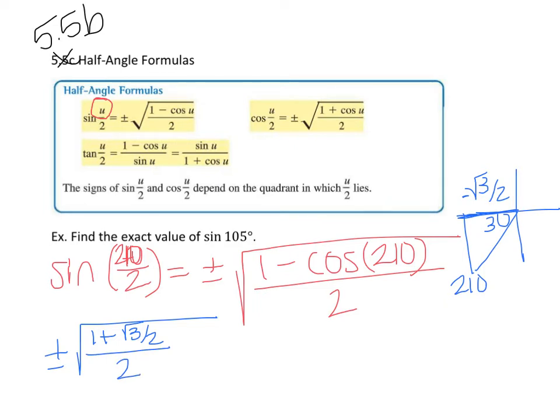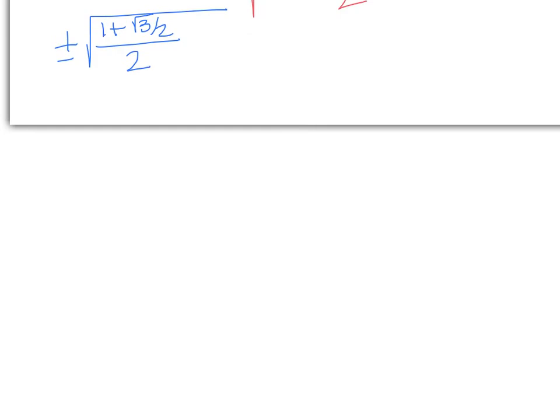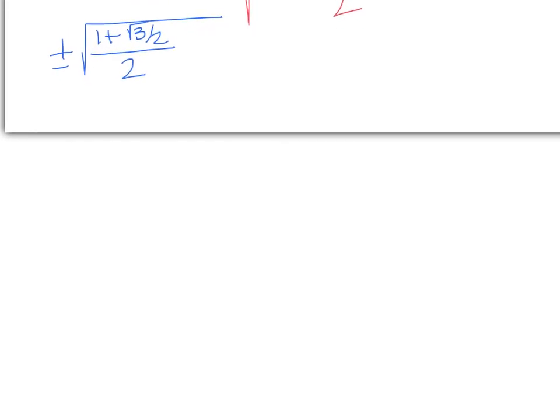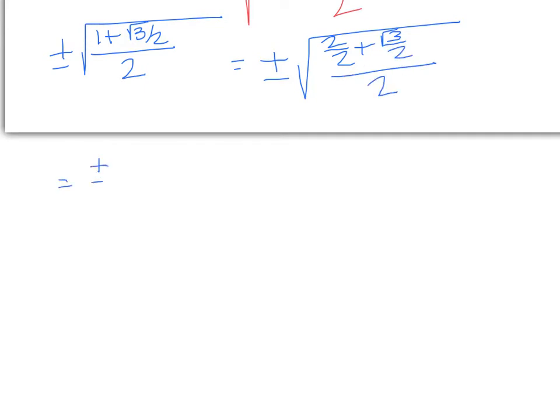And we need to get fractions out of fractions. We can't have complex fractions. So what we're going to do is get common denominators across the top. So now we've got plus or minus the square root of 2 over 2 plus radical 3 over 2, all over 2, plus or minus square root 2 plus radical 3 over 2, still divided by 2.